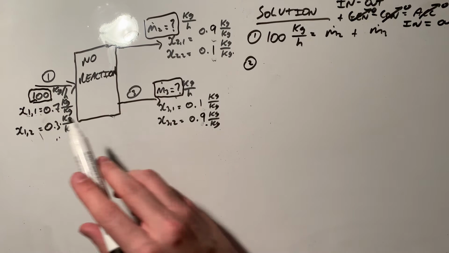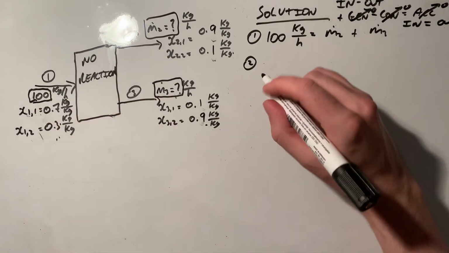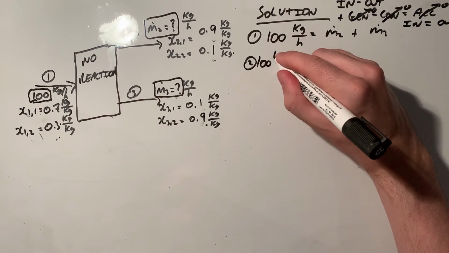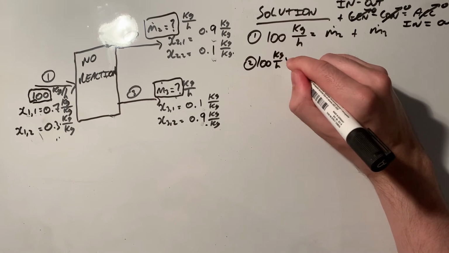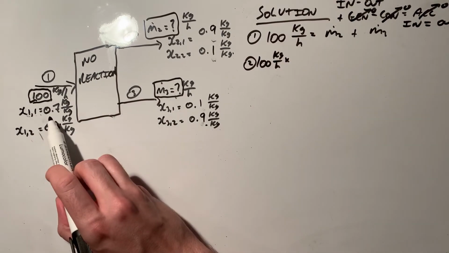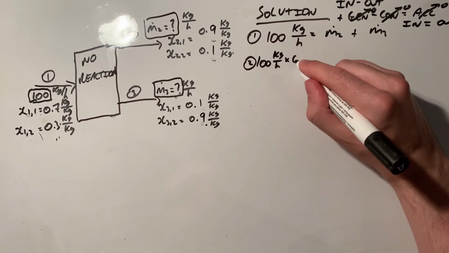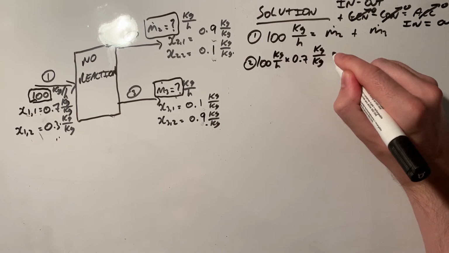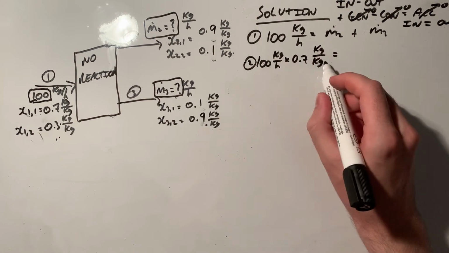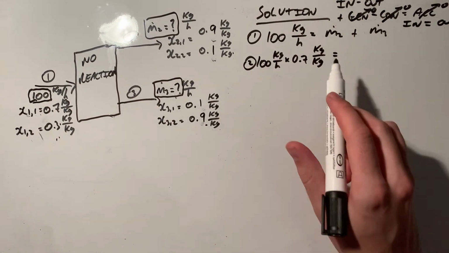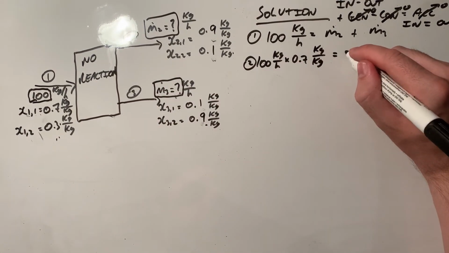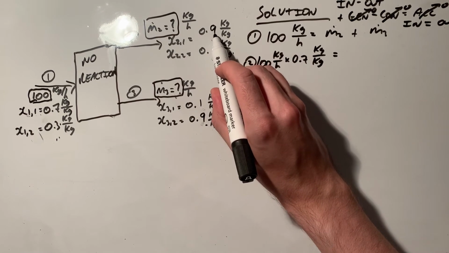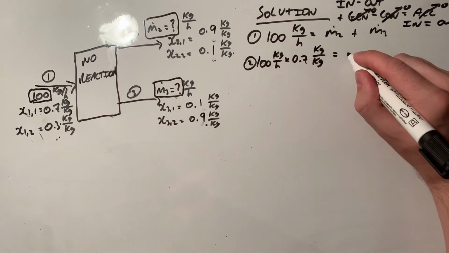So for species 2, in comes 100 kilograms per hour. And this is where we need the composition multiplied by our mass fraction of 0.7 kilograms per kilogram. And notice how the units will yield kilograms per hour on this side. And that's going to be equal to 0.9 kilograms per kilogram times M2.